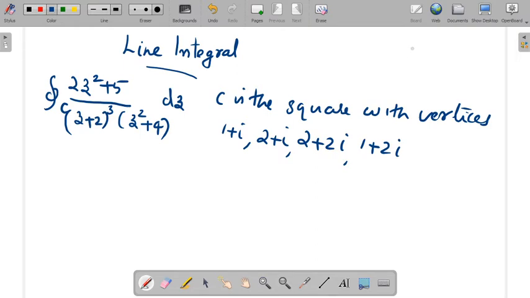So C is the boundary of the square with these points as vertices.